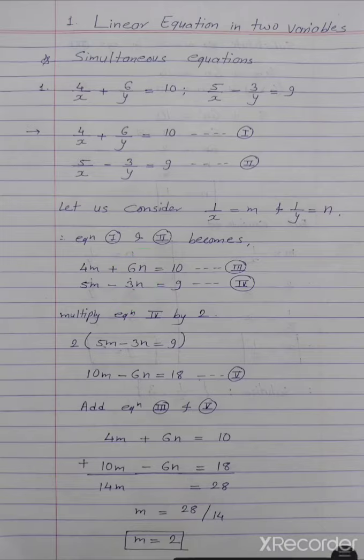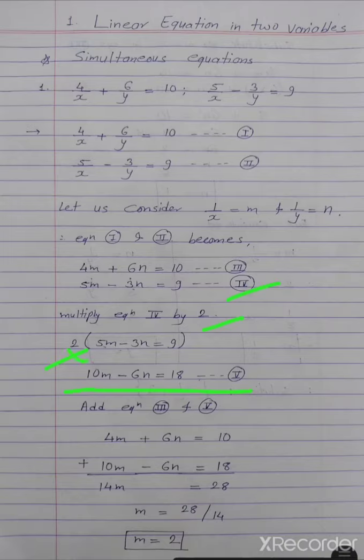So first we have to equalize this coefficient. Therefore I am multiplying equation number 4 by 2. When you multiply, you will get equation number 5.